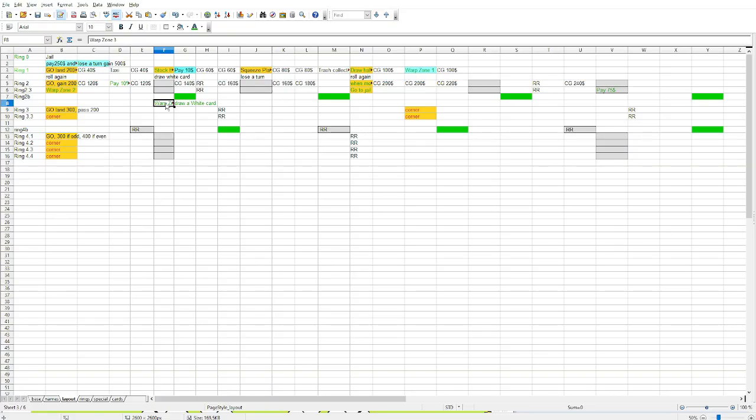Okay, so side 2. Yeah, I'll put the warp soda somewhere in side 2. Oh right, I have a corner space as one of the warp zones. Hmm. You know what? I'll put the warp zone here.